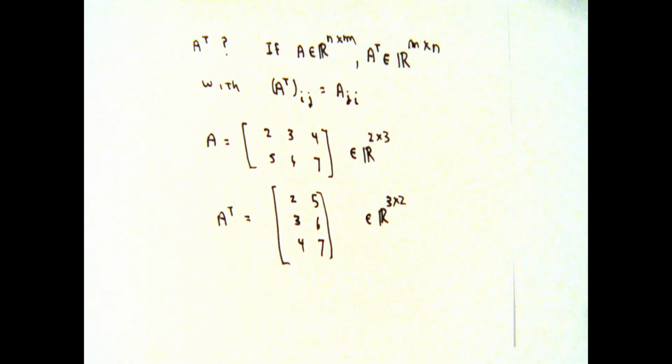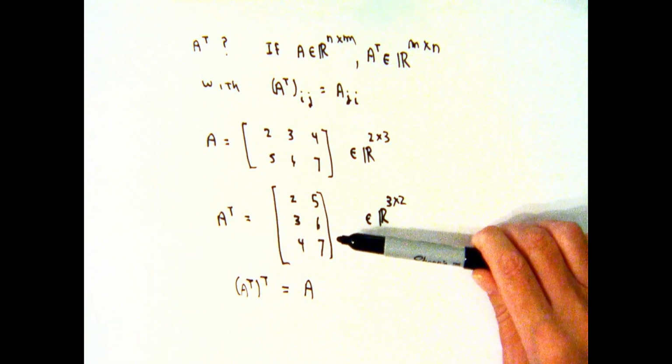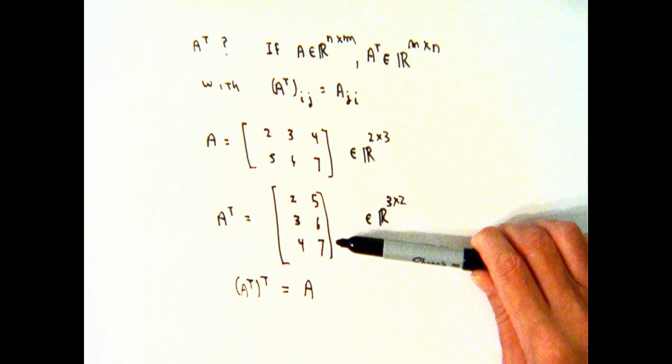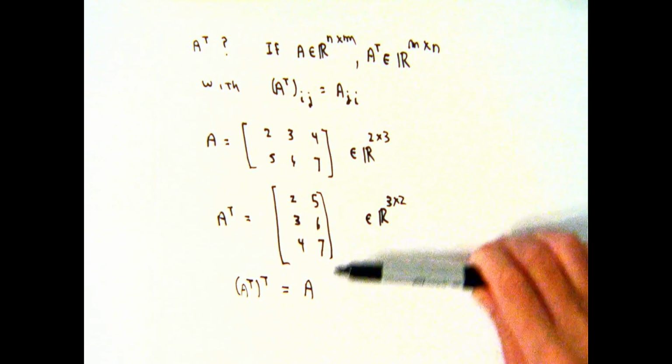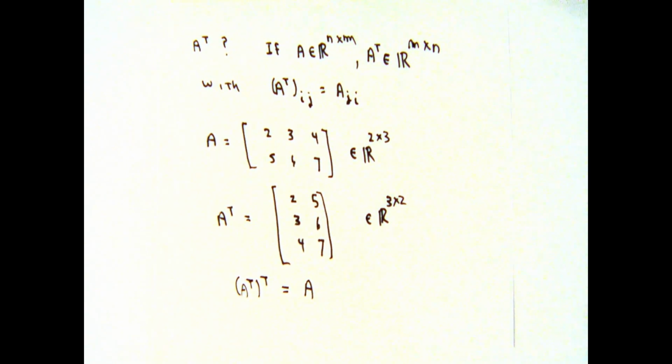Another way to say this is every row of the original will get written down as a column of the transpose. For this example, it's obvious that if I take the transpose of A transpose, I'm just going to interchange the rows and columns again, and I'll get back the original matrix. That turns out to be true in general.